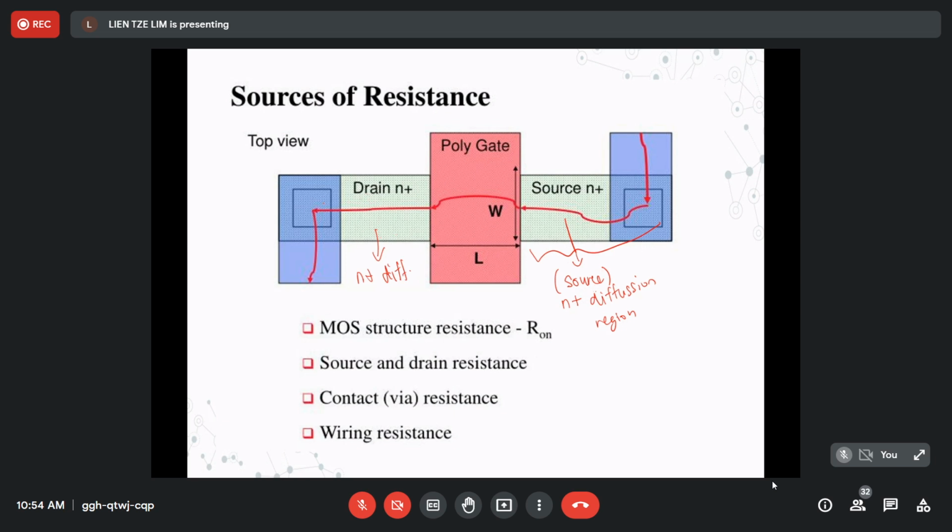You see two terminals here with contacts. This is the contact, and this is the metal layer. We call it interconnect. These metal layers we usually connect to VDD or ground, depending on the type of the transistor.